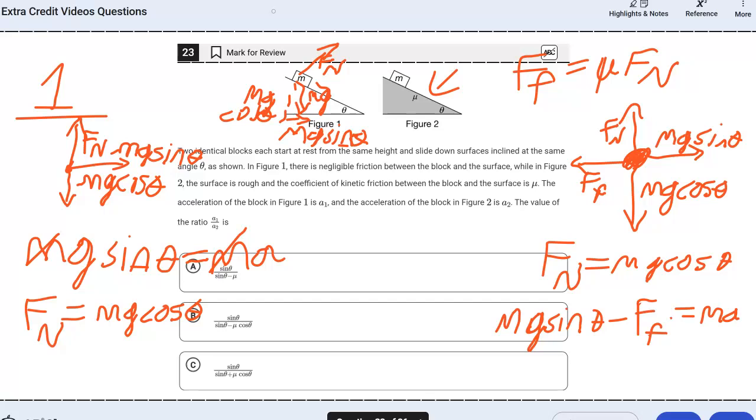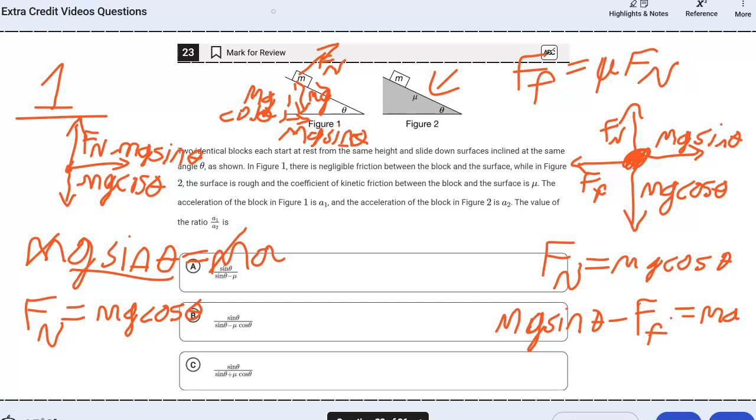So we can solve for figure 1. These m's cancel out. Our acceleration is just g sine theta. That's pretty straightforward. Here it's a little more complicated. We need to rewrite our frictional force in terms of mu and Fn.